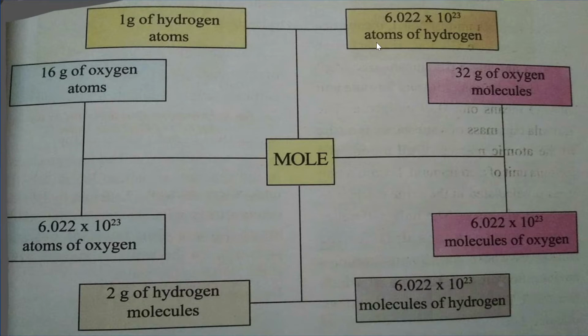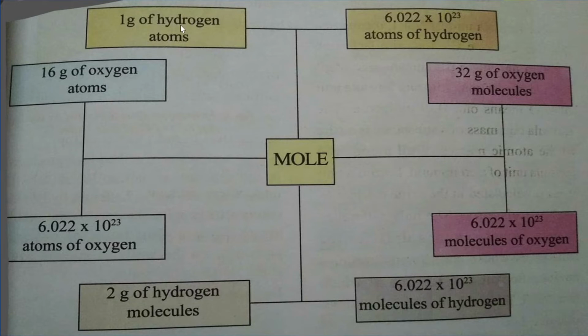If we consider molecular hydrogen, that is H2, then 1 mole of hydrogen molecule contains 6.022 into 10 to the power of 23 molecules of hydrogen. The value will be same, children, everywhere. 1 mole of any substance will have this number of either atoms or molecules or ions.